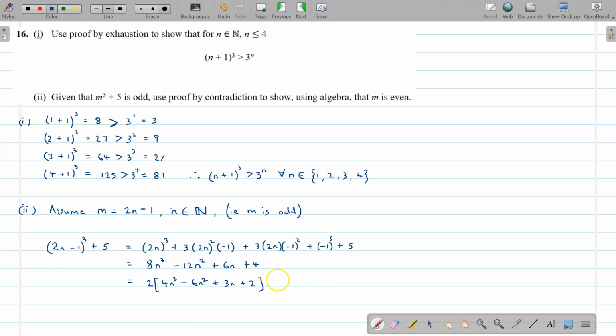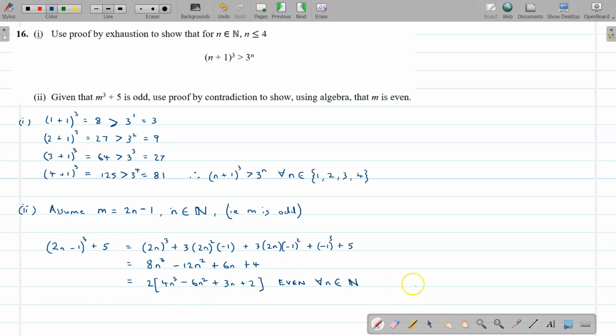So we just need to state there that that's even for all n that are members of the natural numbers, or the positive integers.